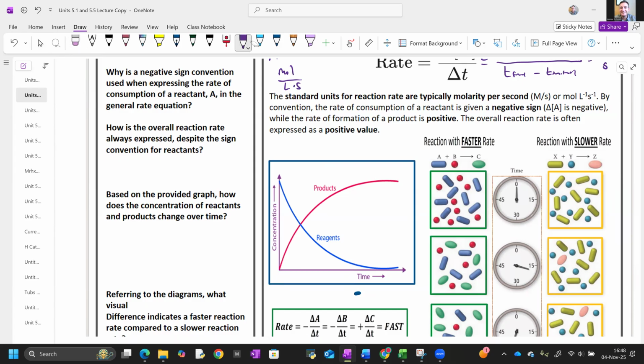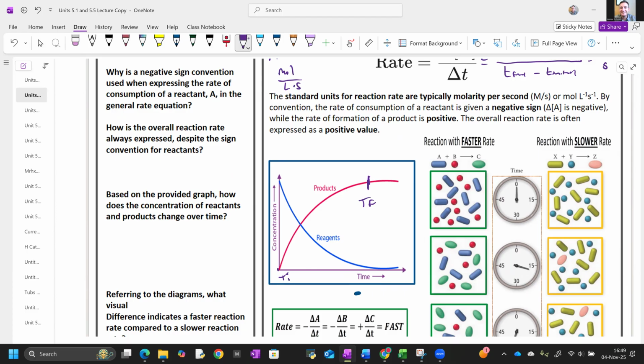All right, another thing that we see is that the rate of the formation of the product is positive. And so we would see, just like we just saw, the product concentration at a certain time versus the initial. So TF minus TI, we see that TF would be a larger value than the initial.